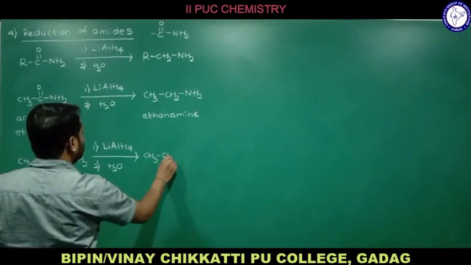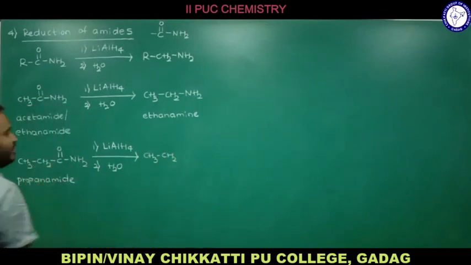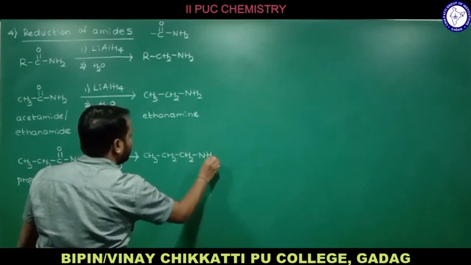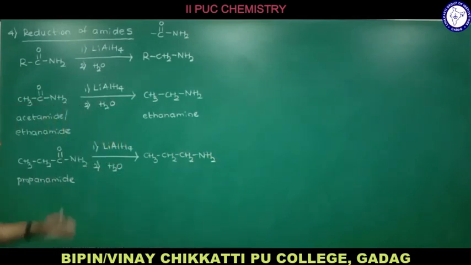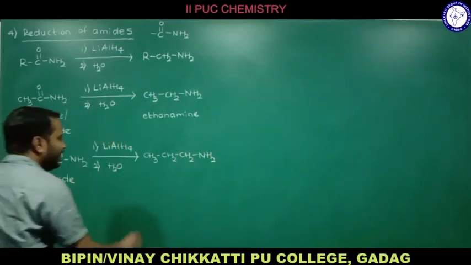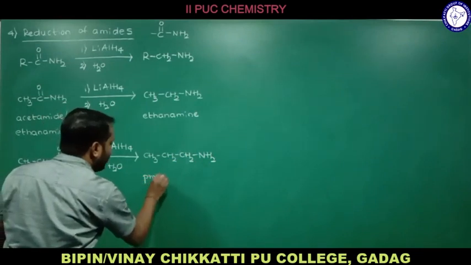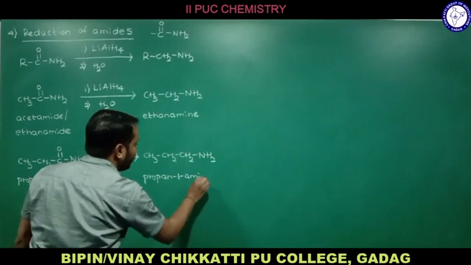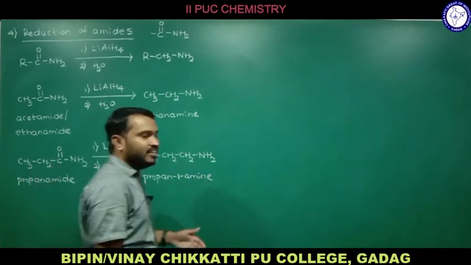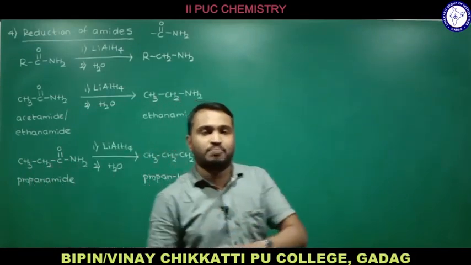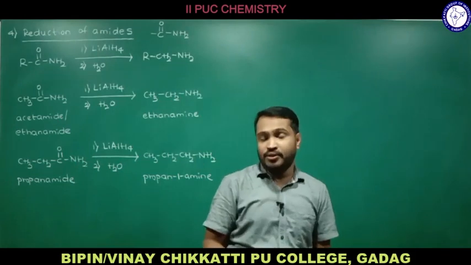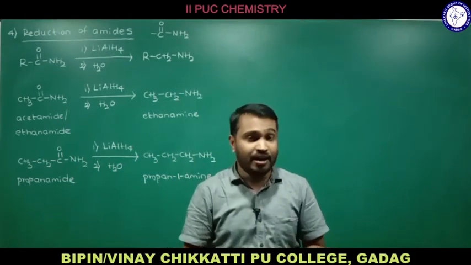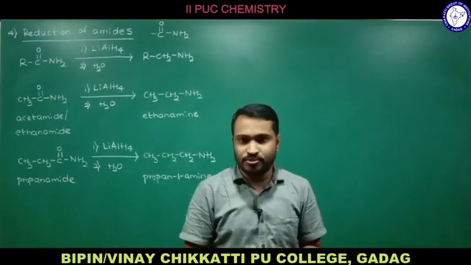Therefore CH3 CH2 we have, and this has been reduced to CH2, and we get CH2 NH2. So this is actually propylamine, and the IUPAC name you can consider is propane-1-amine. This is how the amide is converted into the respective amine by using a strong reducing agent like lithium aluminium hydride followed by hydrolysis.